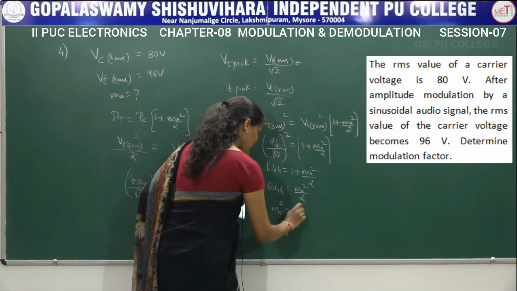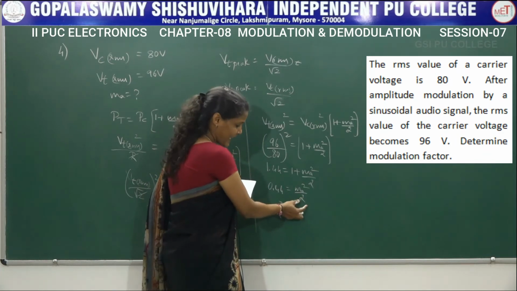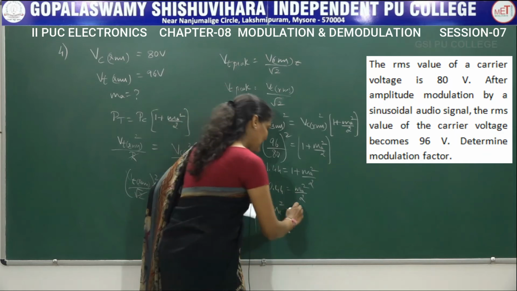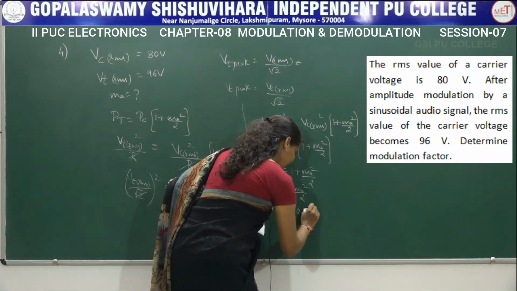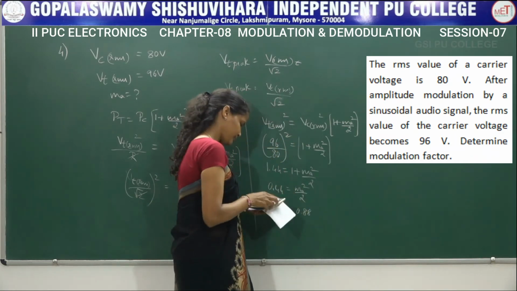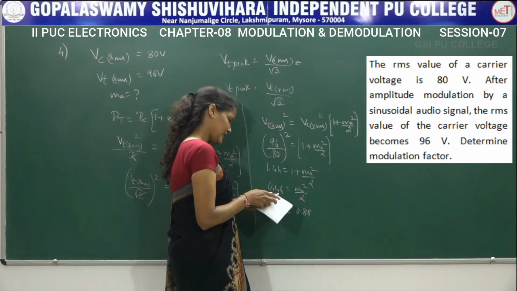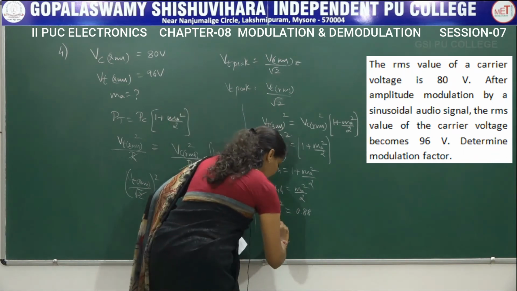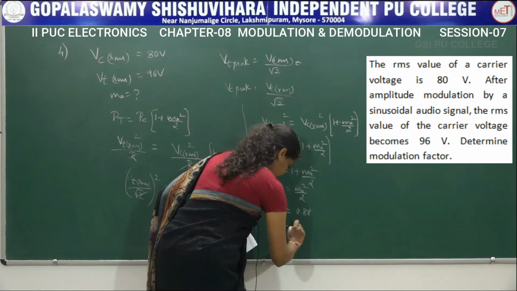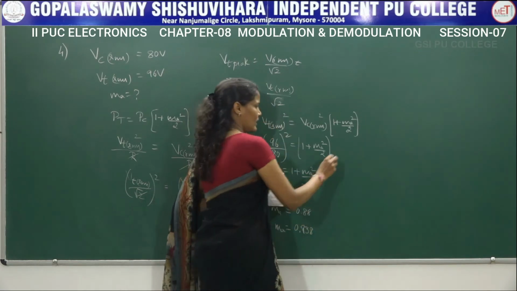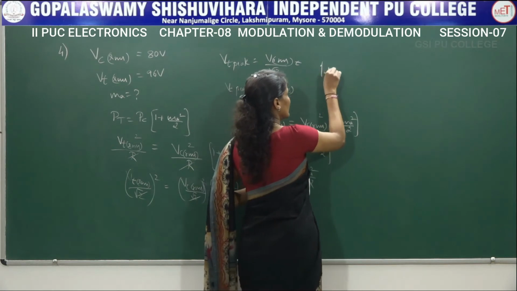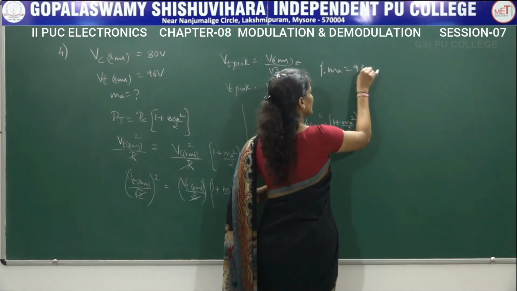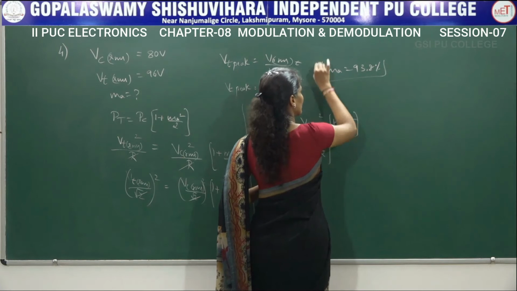MA square is equal to 0.44 into 2. Just cross multiply, I will be getting 0.88. So taking the root of 0.88, MA will be equal to 0.938, or the percentage MA is equal to 93.8%.